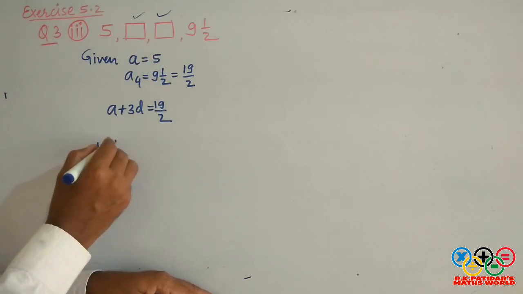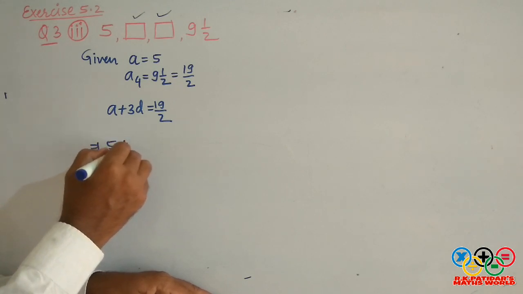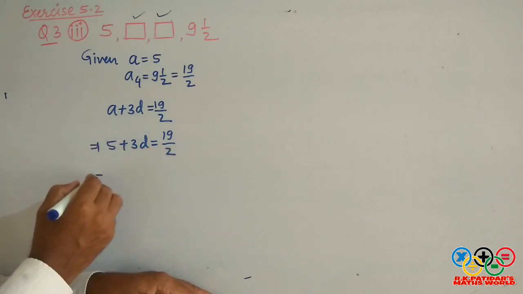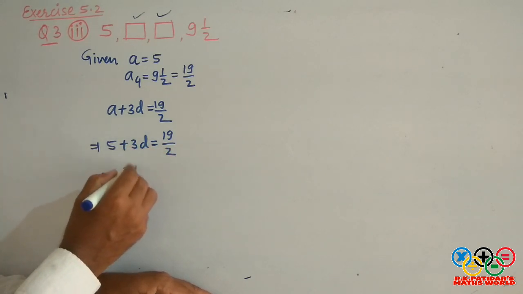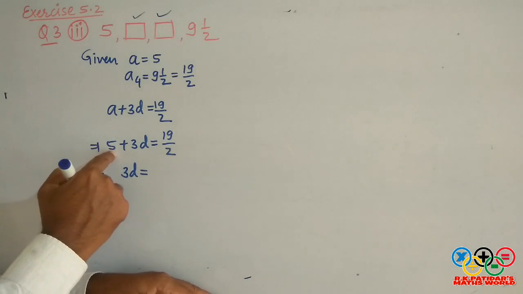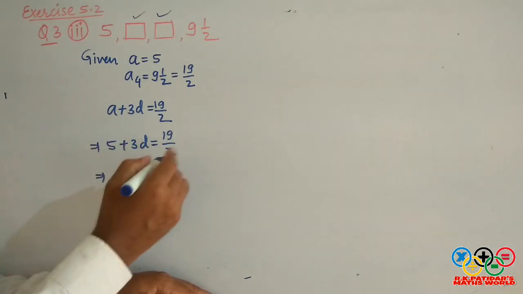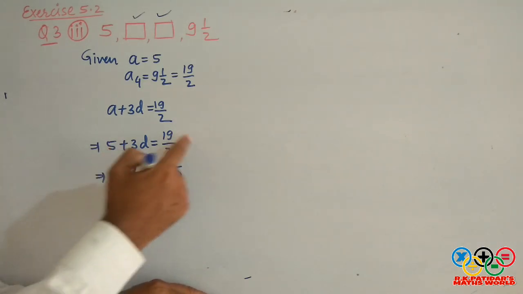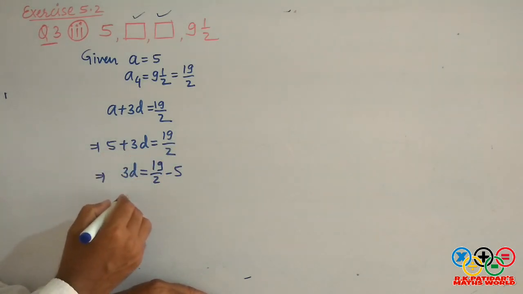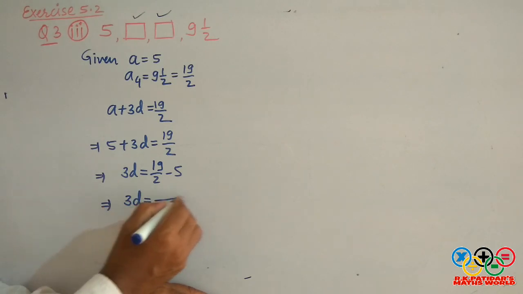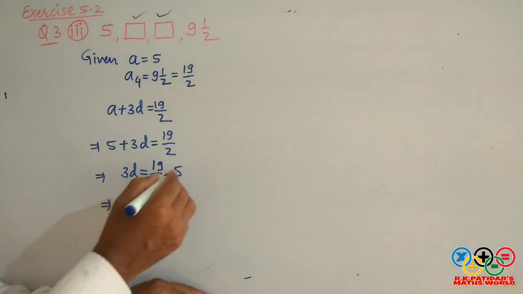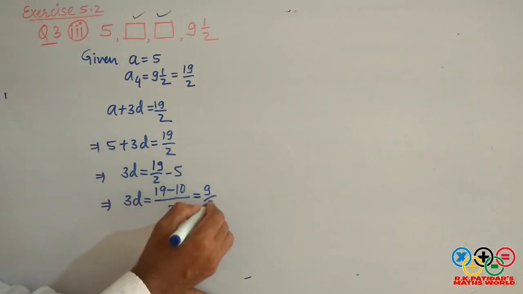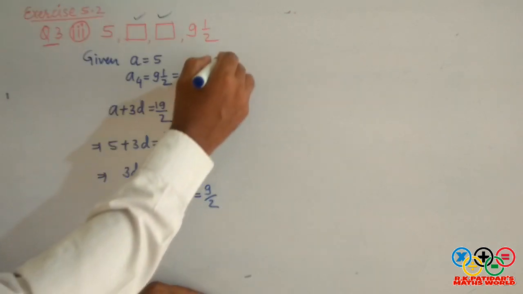And the value of a is 5, given here. 5 plus 3d is equal to 19/2. So we have to find out the value of d. So 3d is equal to 19/2 minus 5. We transposed it here. Then 2 fives are 10. So 19 minus 10, that is 9/2.